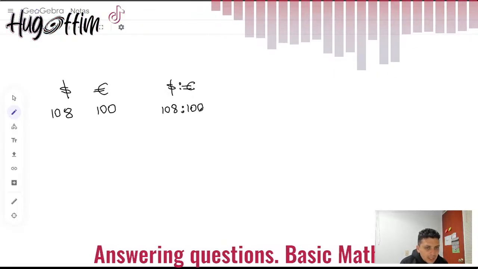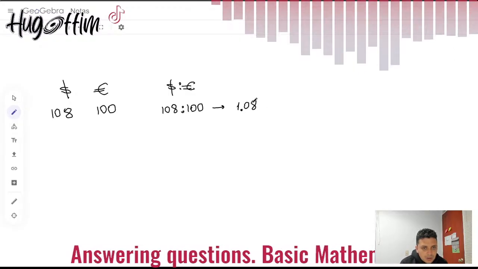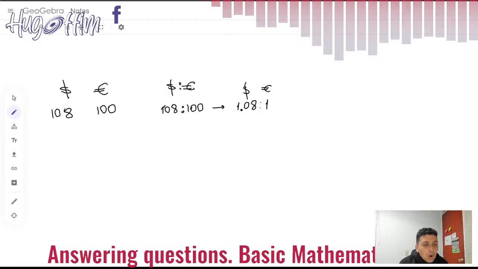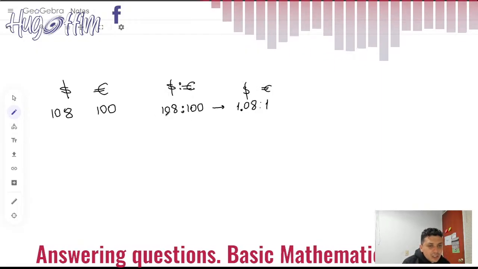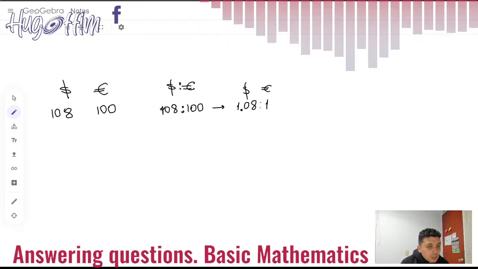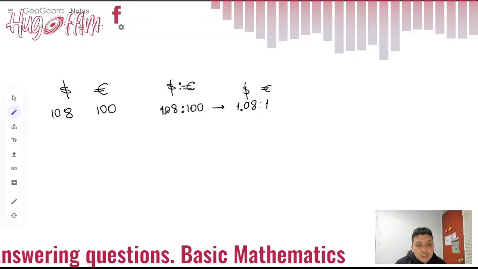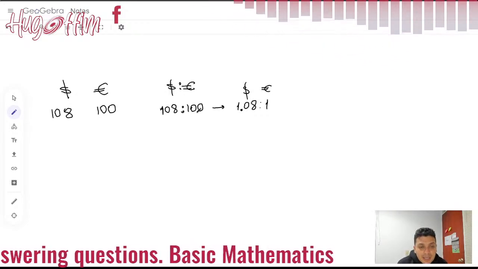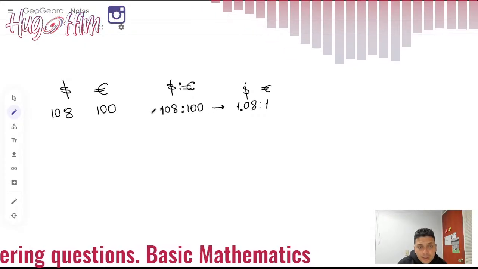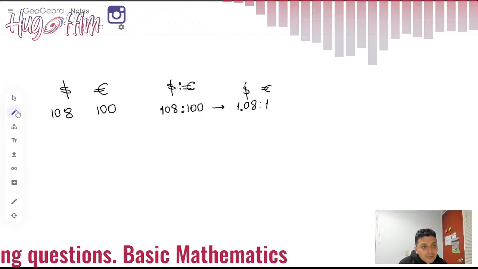So essentially, you can tell that 1.08 dollars is 1 euro. Or you can simplify the ratio. If you want to simplify your ratio, it's going to be good. Just remember how to simplify ratios. If you're going to simplify ratios, just divide by common factors. In this case, for example, 108 and 100 both are divisible by 4. So I'm going to divide by 4. 108 divided by 4.